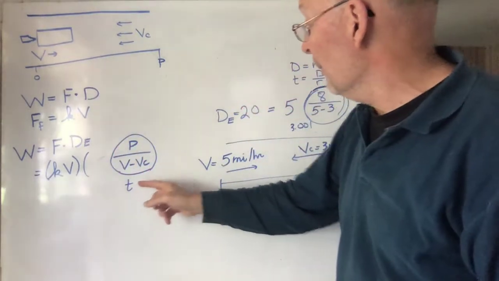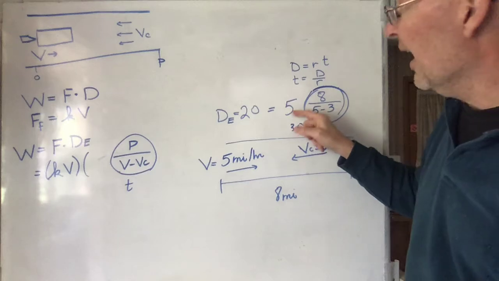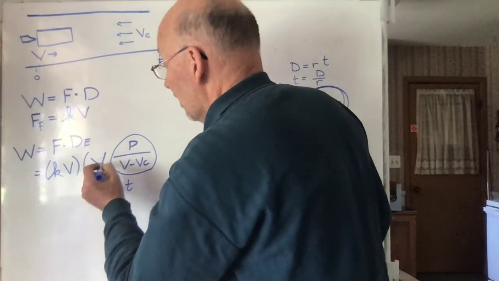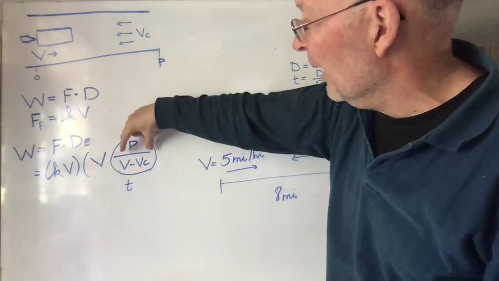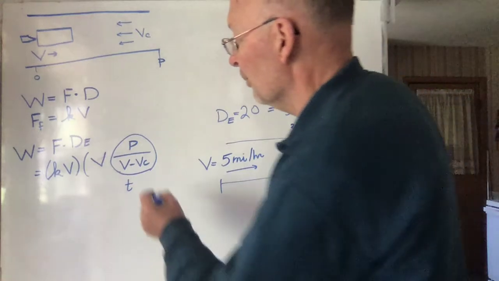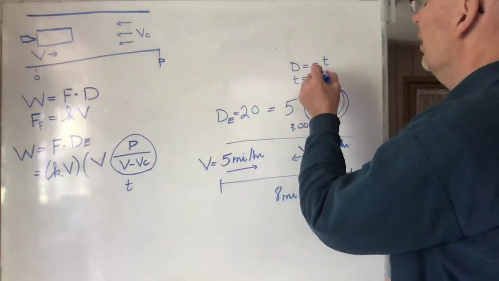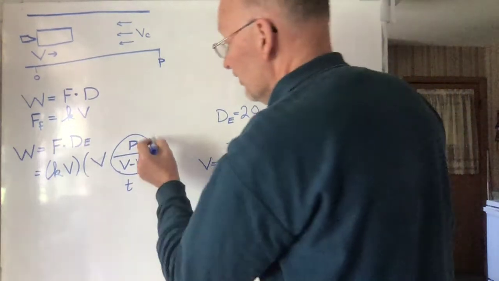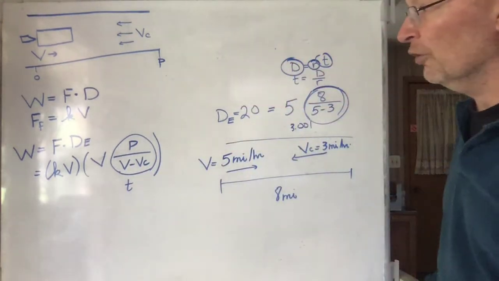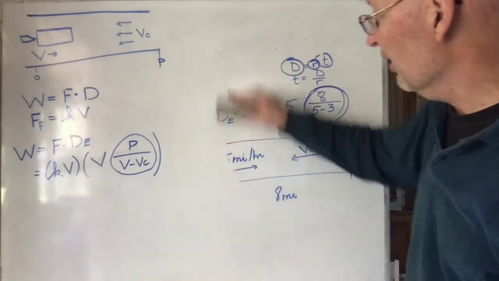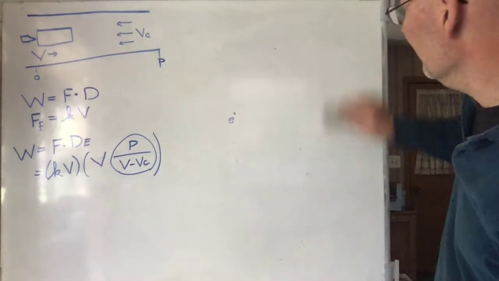All that amount of time in the water, this is how fast you're moving. And so you multiply rate times time, and there's your effective distance. That's basically how much water you've pushed past. So there it is. Now, that's the hardest part of this problem, is just thinking through this.